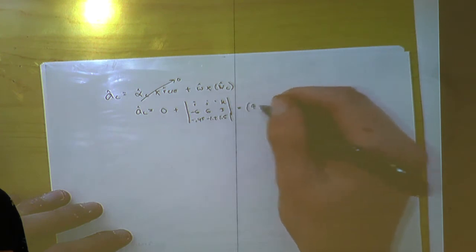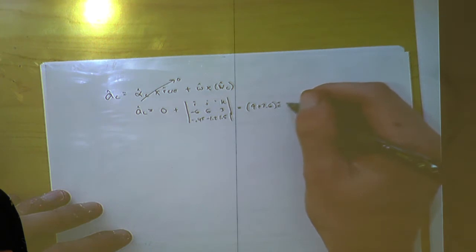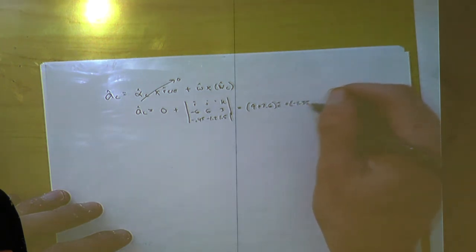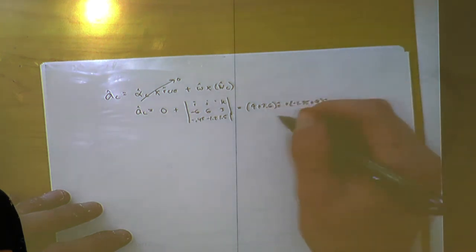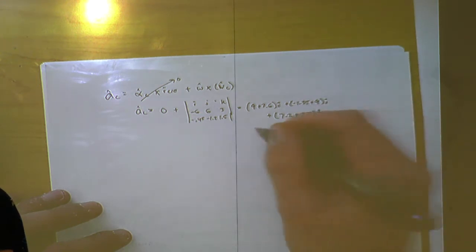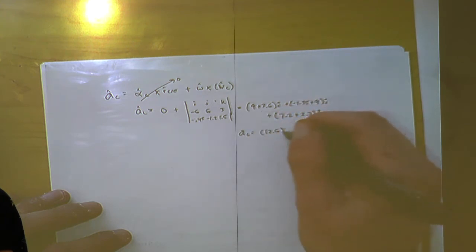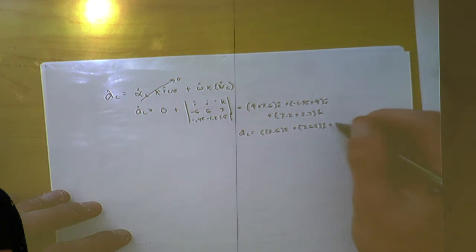It's going to give you 9 plus 3.6 i plus negative 1.35 plus 9 j plus 7.2 plus 2.7 k. So aC is 12.6 i plus 7.65 j plus 9.9 k.